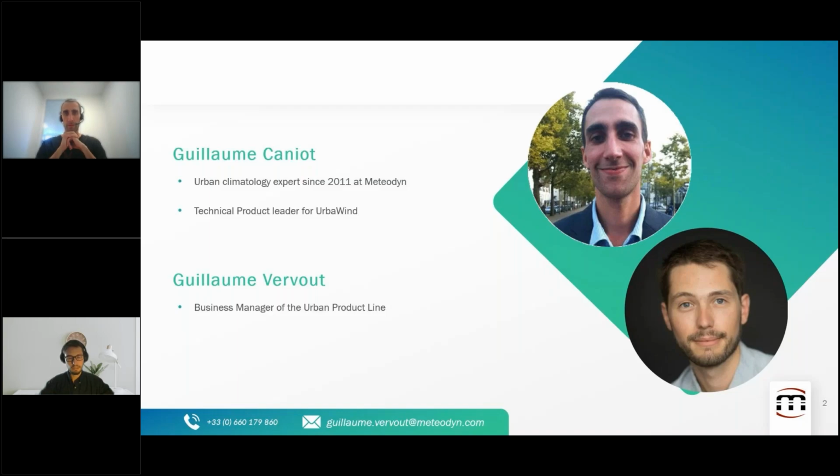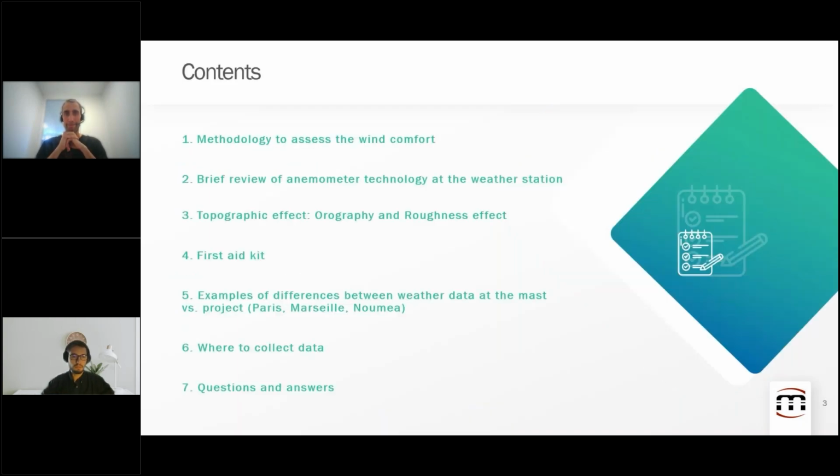And today, for the content of this webinar, we will focus on many topics. The first one will be the methodology to assess the wind comfort. After, we will briefly review the technology of anemometers at the weather station, and especially after this, the topography effect, and especially the orography and roughness effect on the measurement.